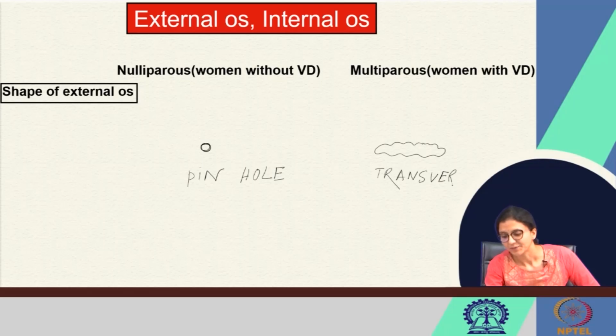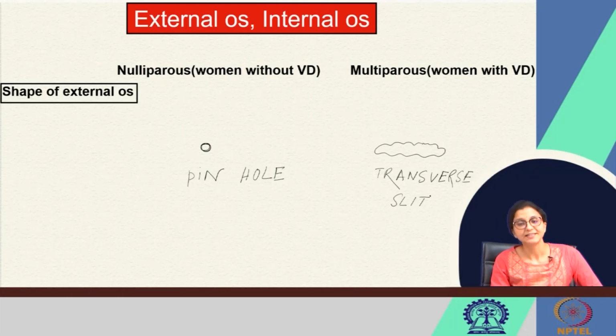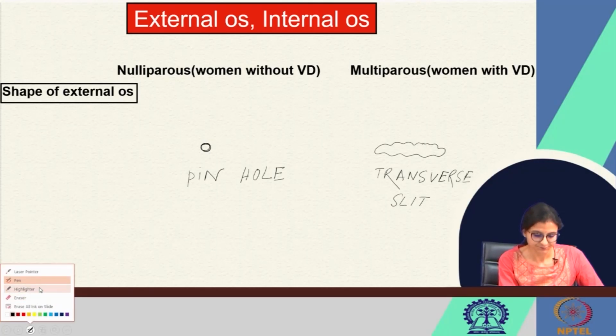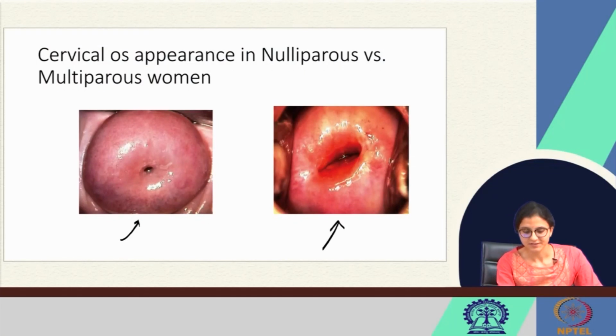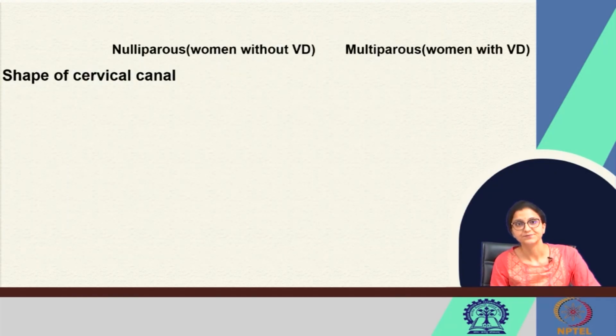So, in nulliparous women who did not have vaginal birth, the external os is pinhole, whereas in multiparous women it is a transverse slit. This speculum examination shows a pinhole external os in the nulliparous woman, whereas in the multiparous woman we can see the external os as a transverse slit.